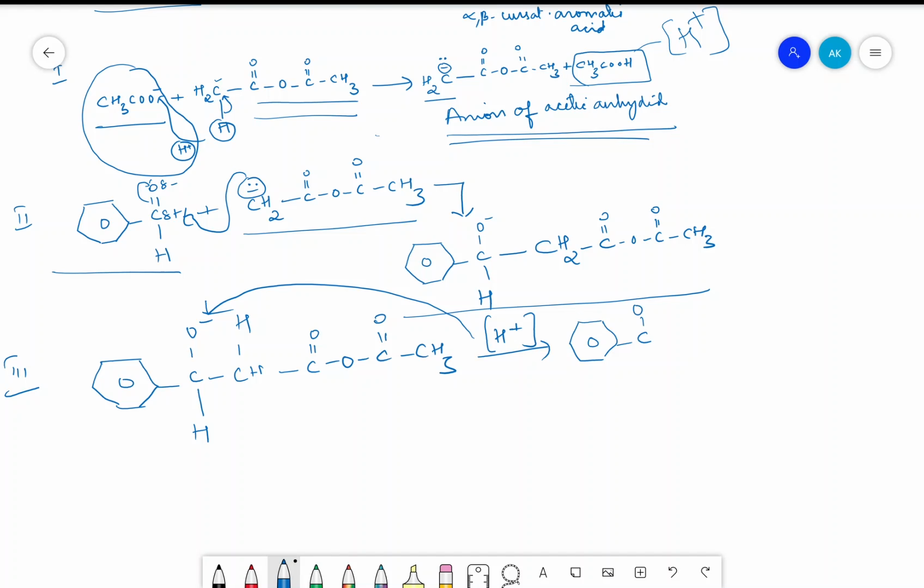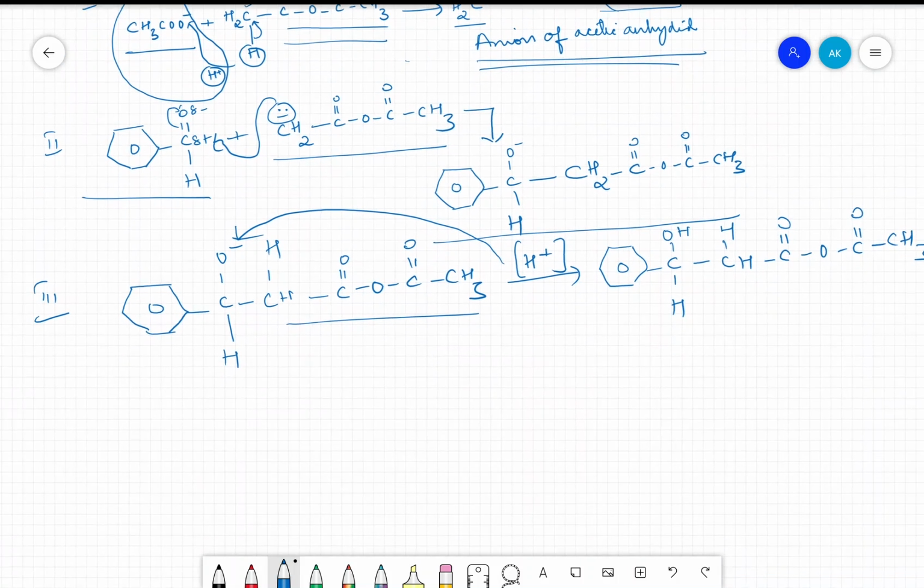There is now OH and H, CH and H as it is, C double bond O, O, C double bond O, CH3. Now after we get this intermediate, we are going to go for our fourth step.